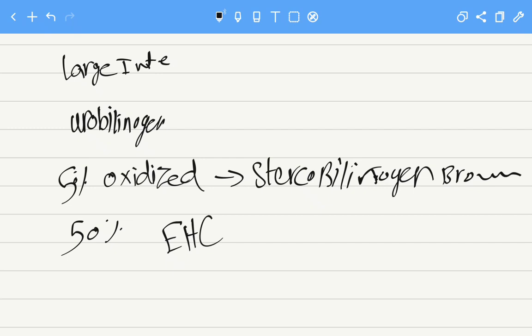And only a small part of it goes to the urine to form urobilinogen.